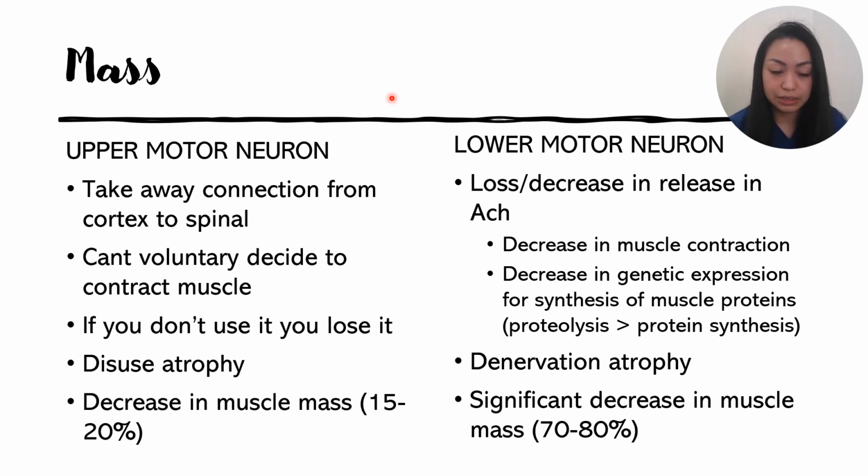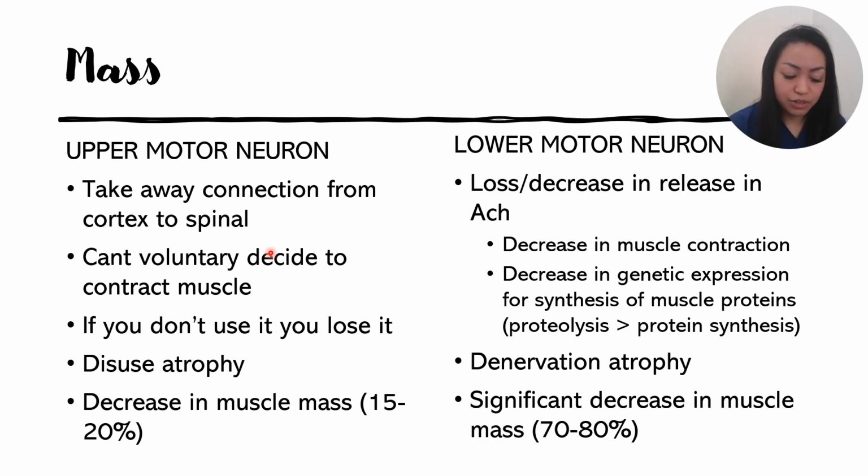That's how I think about it. If I take away the connection between my cortex, my spinal cord, and my muscles, then I can't voluntarily decide to contract my muscle or my limbs. I can't voluntarily do something with my muscles.